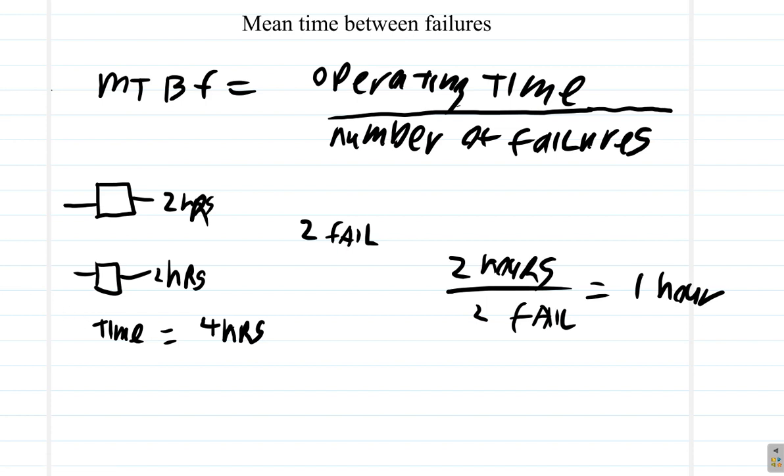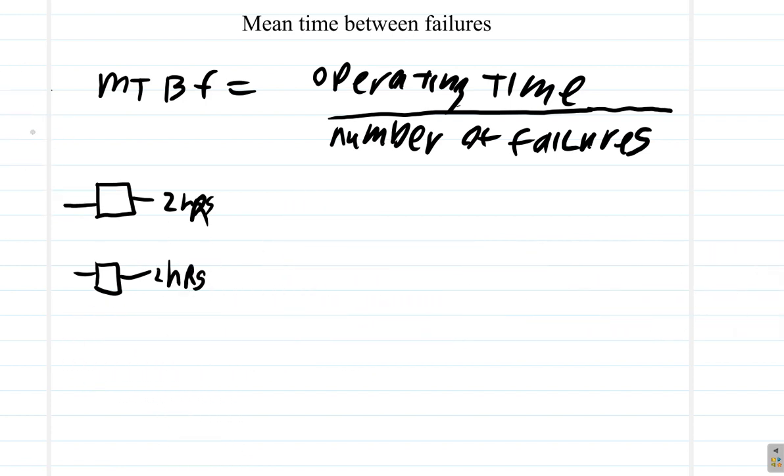Now, let's change it a bit. Suppose you have 4 resistors being tested for 2 hours. You're going to multiply each by 2, 2 times 4 is 8.